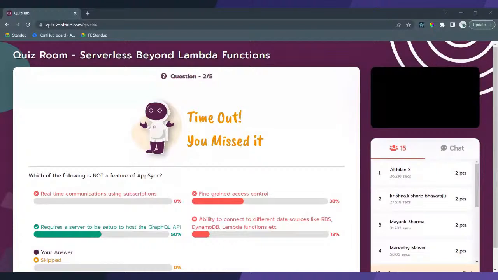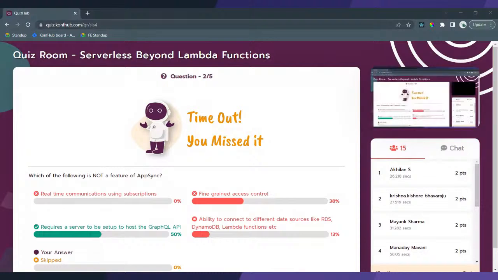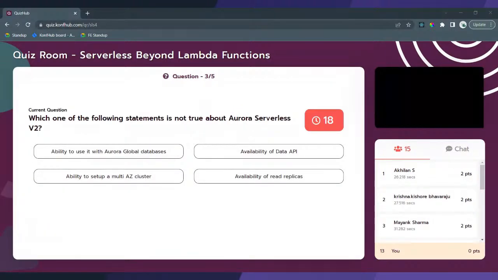Moving up to the next question: which one of the following statements is not true about Aurora Serverless v2? 5 people got the correct answer to this question.